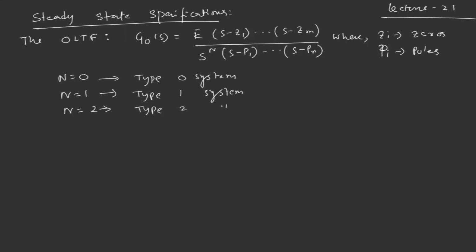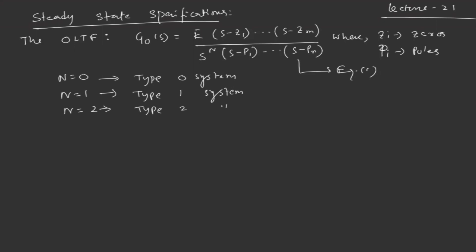And we can relate the reference signal to the closed loop system, which it can track. So let me define this as equation number 1. Now we can relate the open loop transfer function with the reference signal to be tracked.